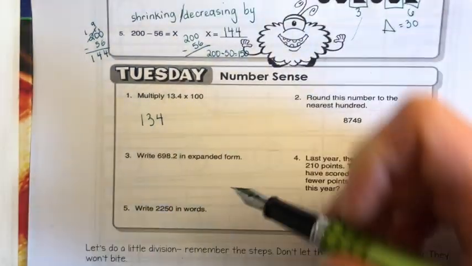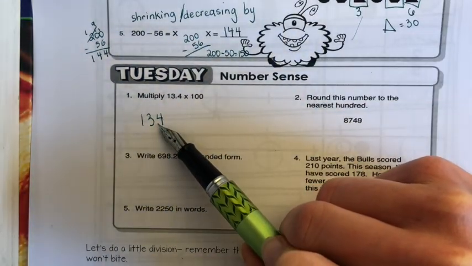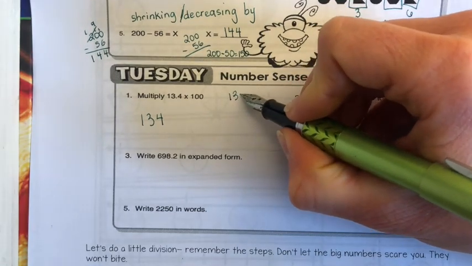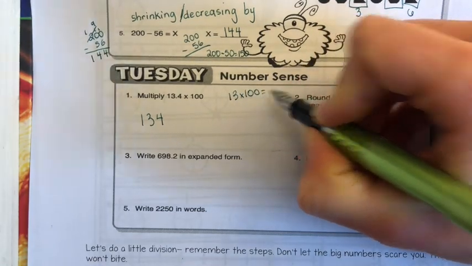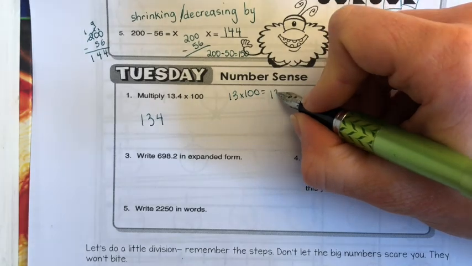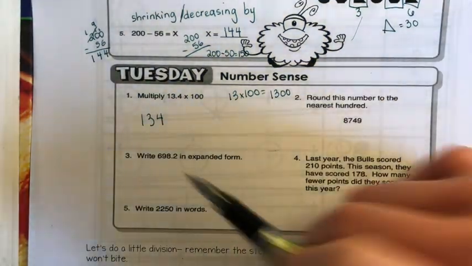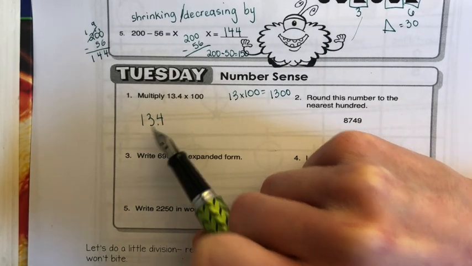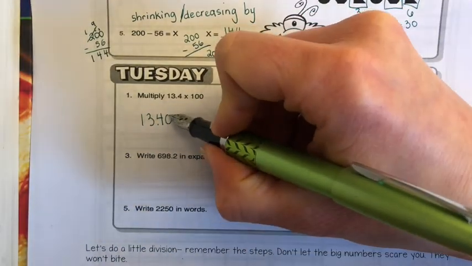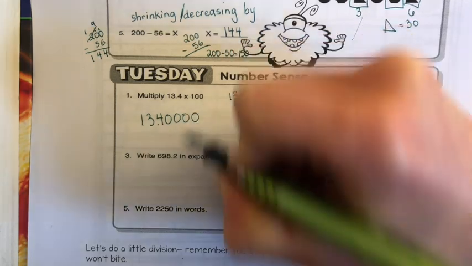So all you do is I've got 13.4. Okay, first my decimal point is there. It's just like if this was 13 times 100, you would just add 2 zeros, right? And it would be 1300. What you're doing is the same thing here. My decimal point is here. And there's infinite zeros here. Your zeros just keep going on.